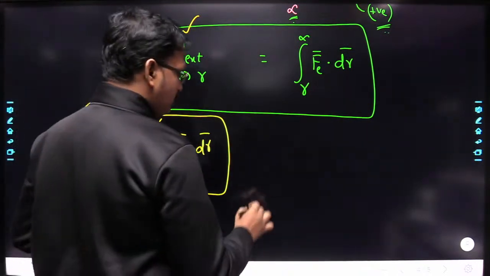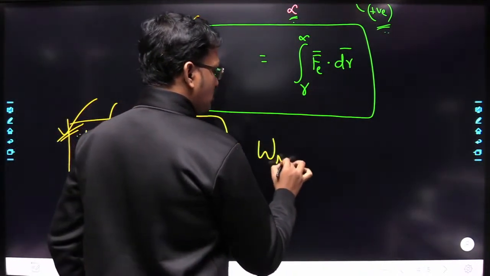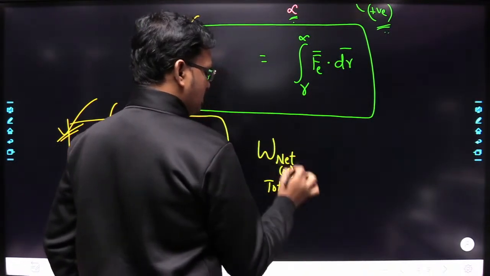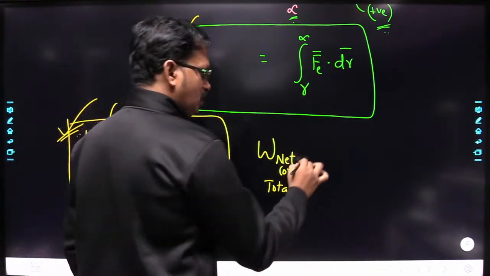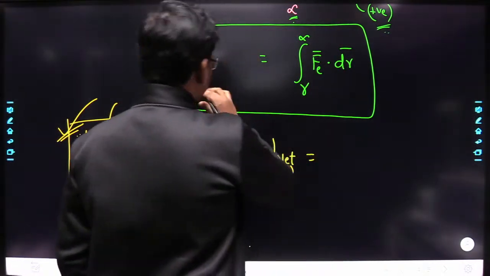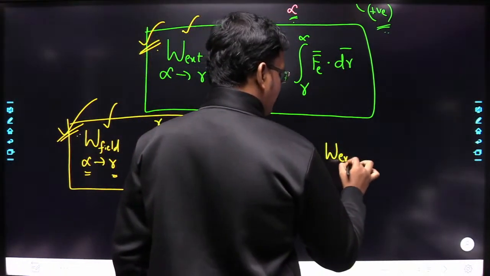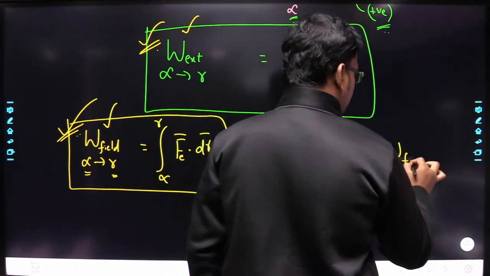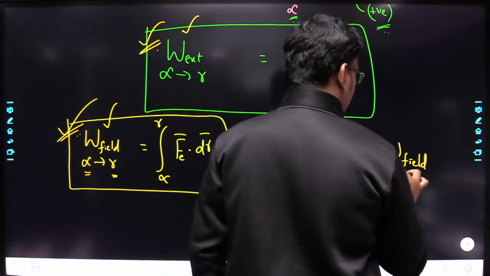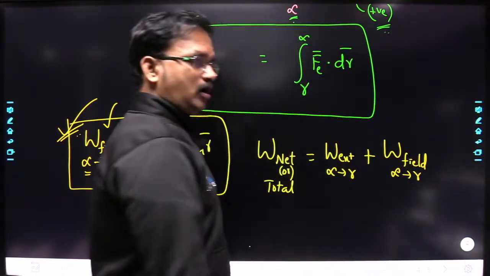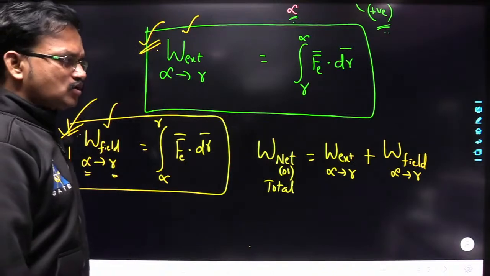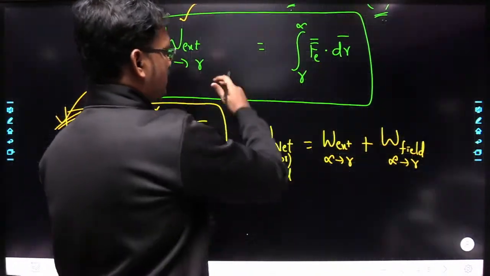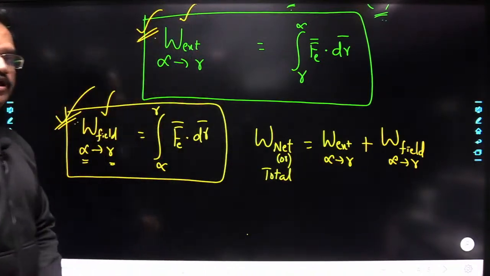Now the total work done or net work done by all the forces is equal to the work done by the external agent in moving the charge from infinity to R plus the work done by the field force in moving the charge from infinity to R. So if you add up these two, what are you going to get?